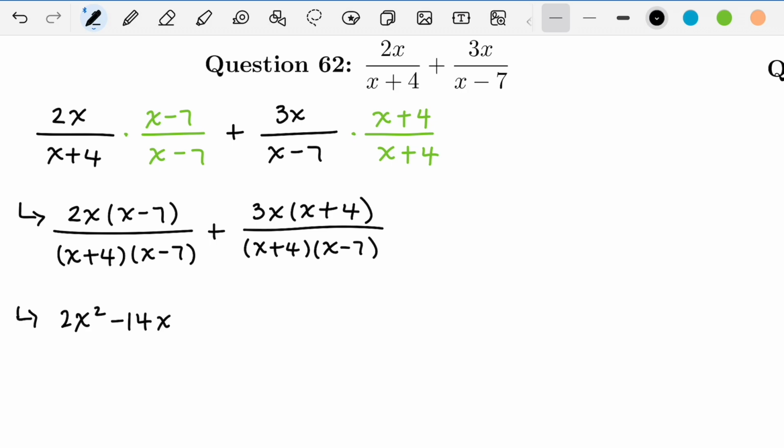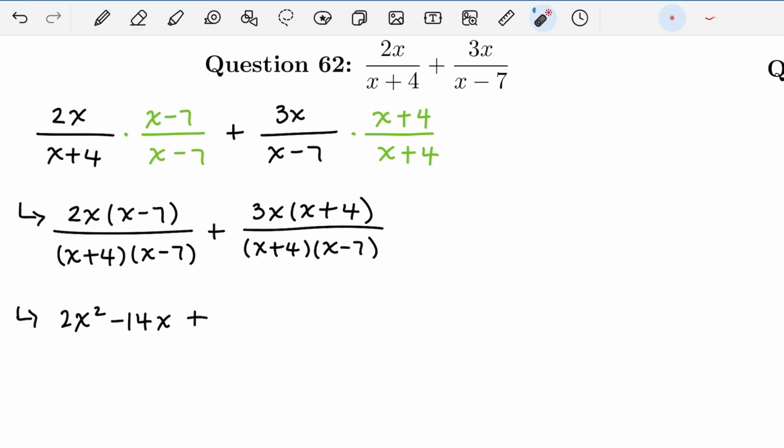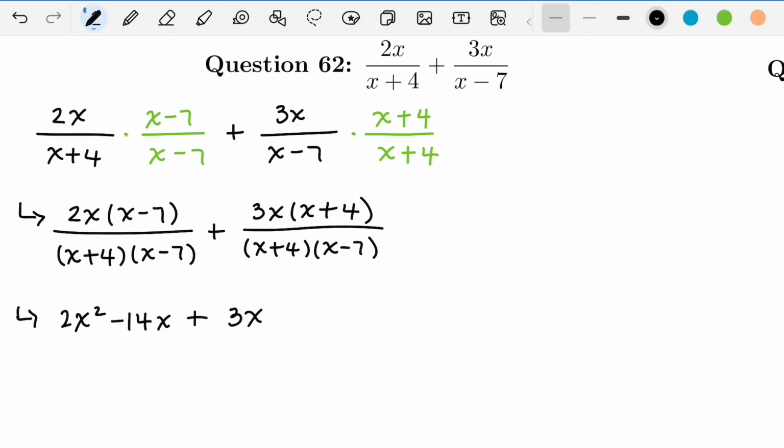And then since we now have a common denominator, we can add these guys across. So we're just going to add straight across our numerators. So this is our first numerator here. It turns into this when we distribute the 2x. And our second one is going to turn into 3x squared plus 12x when we distribute that 3x to both terms.